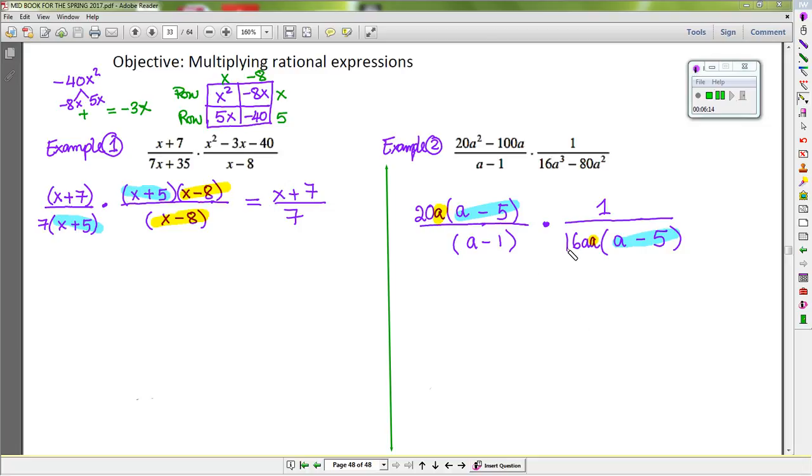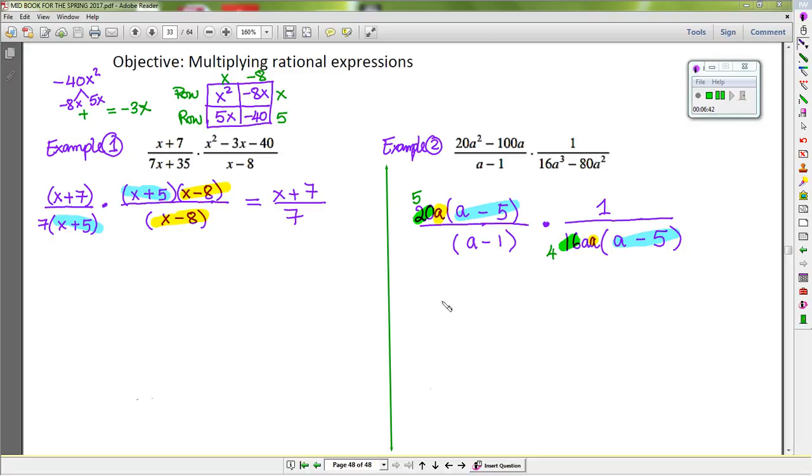So now what we have is 20 and 16. Now 20 and 16 also have a common factor, which is 4. So 20 divided by 4 will give us 5, and 16 divided by 4 will give us 4.